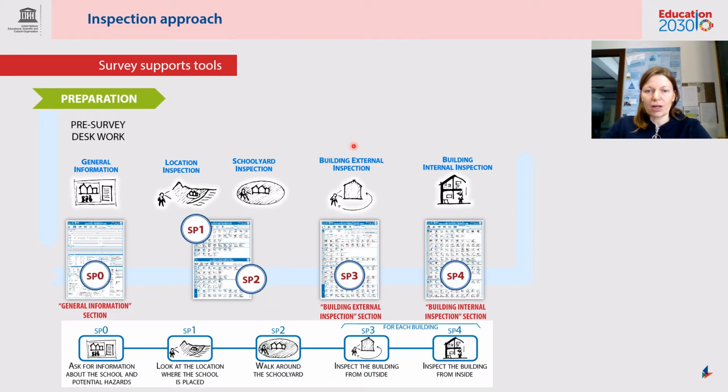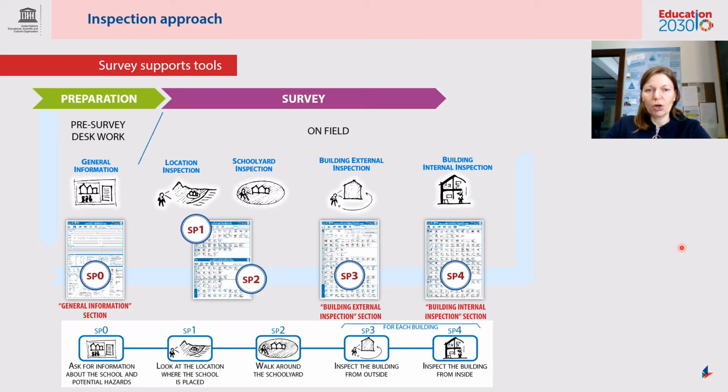Then, for each building, there should be a building external inspection and a building internal inspection. All these inspections are done during the survey, the on-field survey of the school. At the end of the survey, there is the data check and the post-survey desk work, when the surveyors can check the information and the pictures they acquired during the survey.